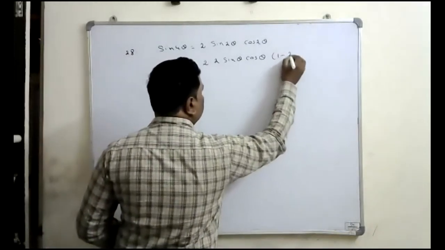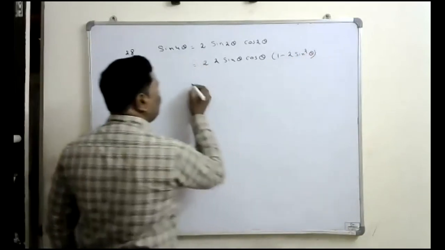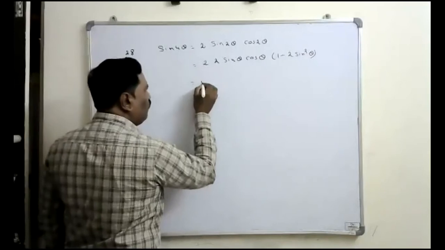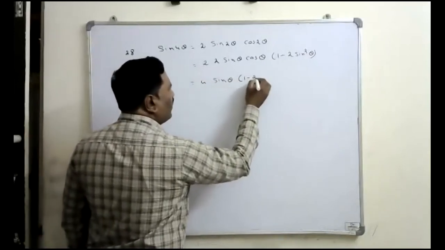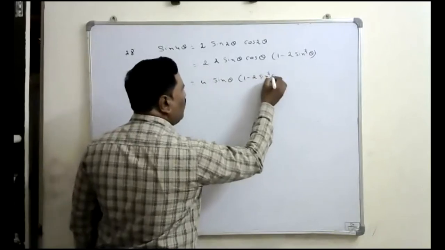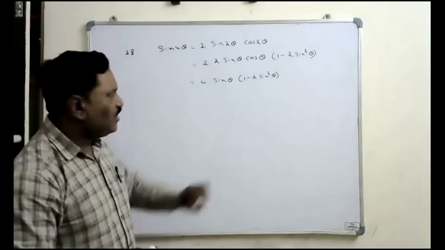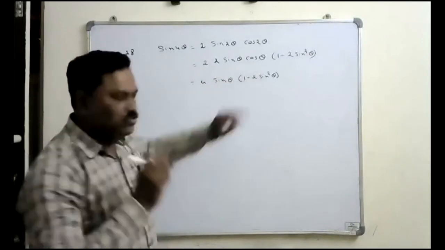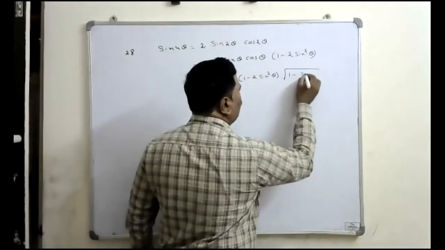1 minus 2 sin square theta. So we can write it like that: 2 into 2, 4 sin theta into 1 minus 2 sin square theta into cos theta, because if you want to express every term in terms of the sine, cos theta, from the first topic of trigonometry, we can write as under root 1 minus sin square theta.